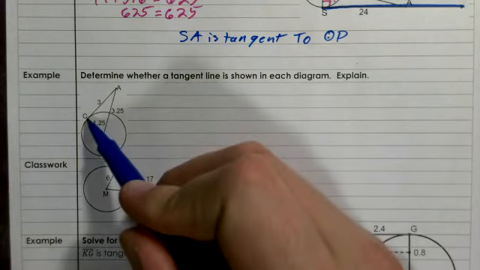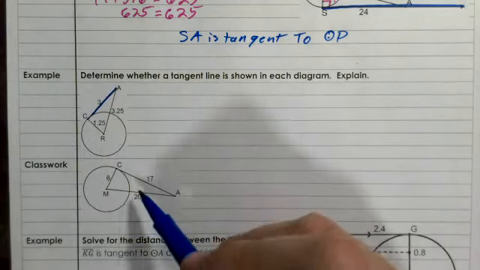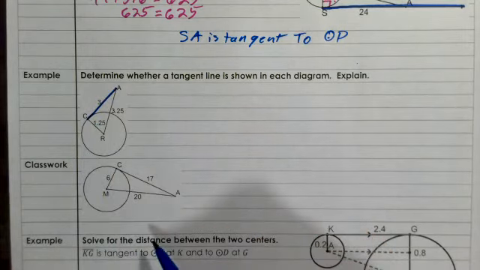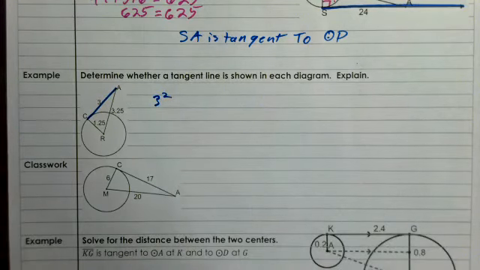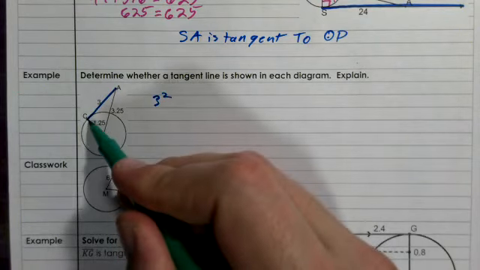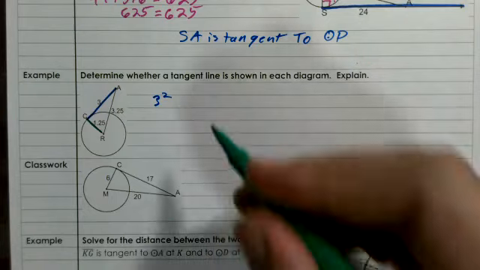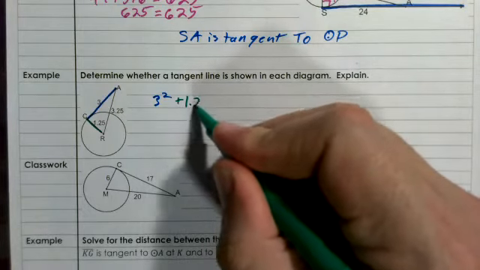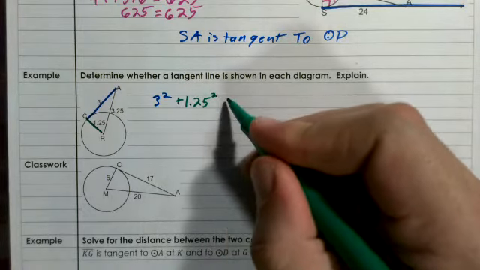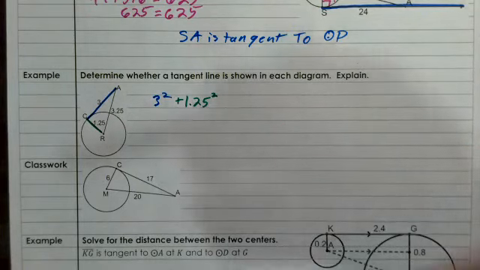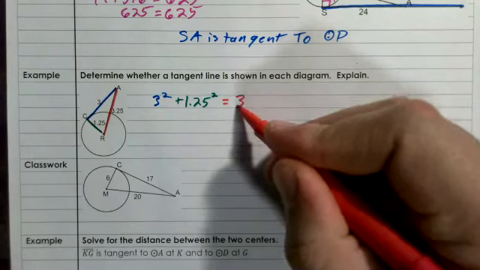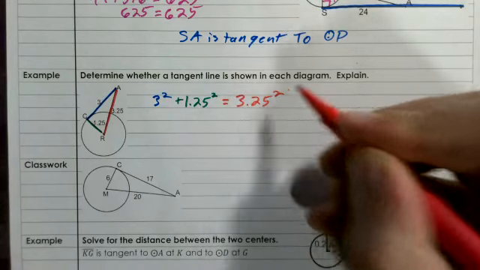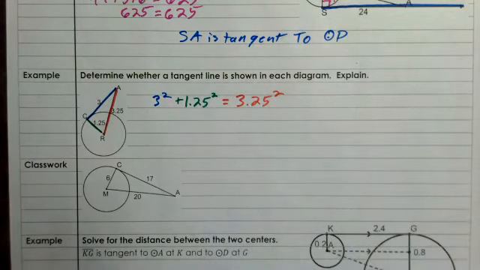Let's try that one more time in this diagram. So I've got this side 3 that I'm hoping is tangent, but I don't quite know if it is. So I want to know if 3 squared plus, here's our other leg that I'm hoping to make a right angle with, 1.25 squared equals this red line over here, 3.25 squared. So I just got to see if all that stuff works out.